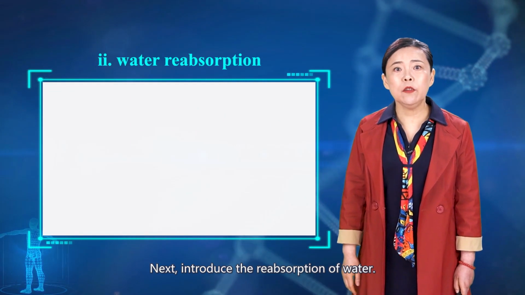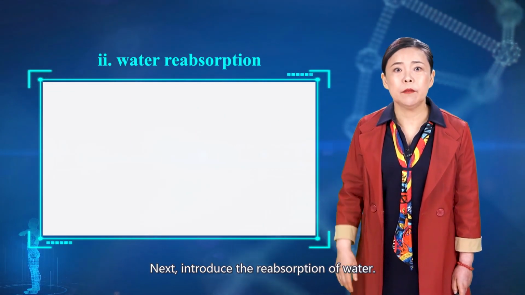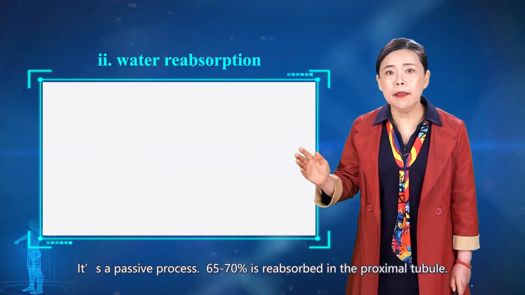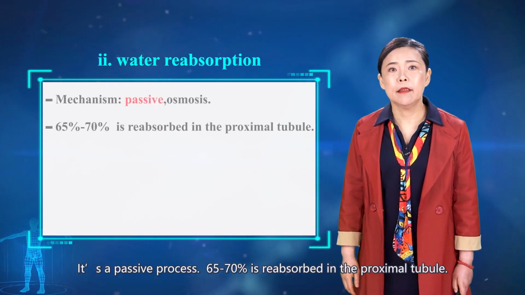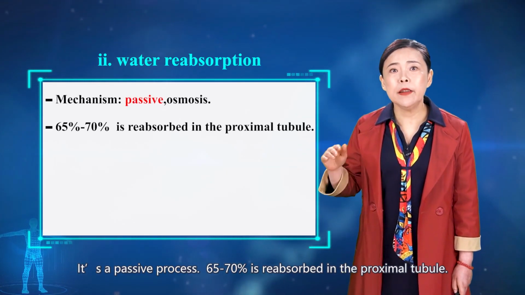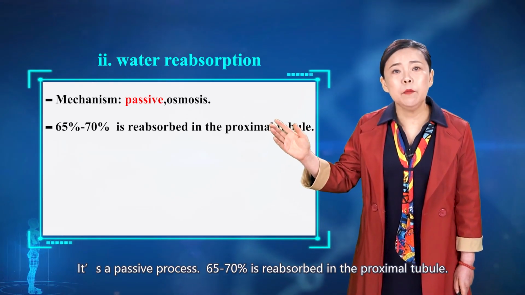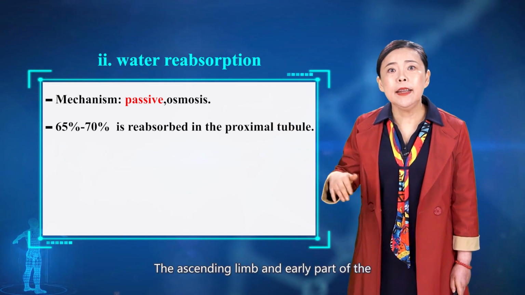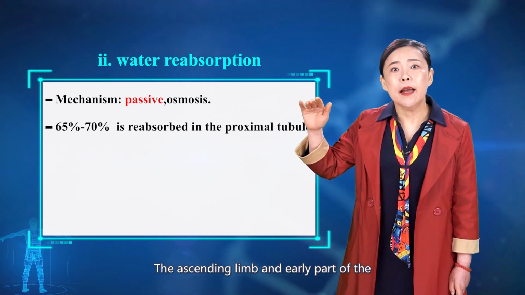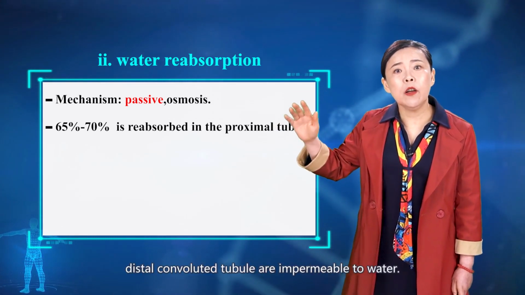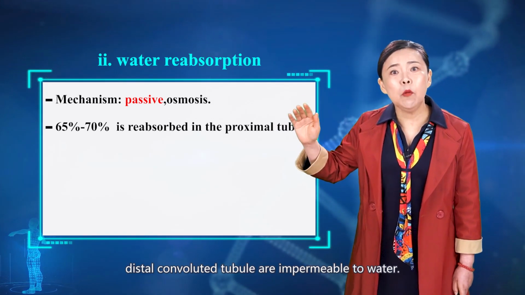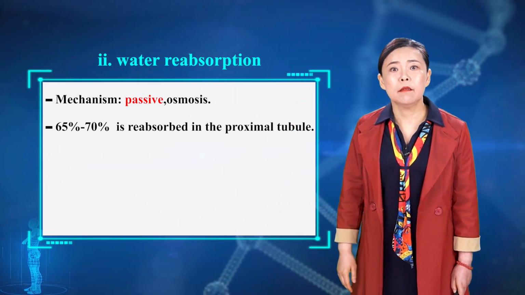Next, we introduce the reabsorption of water. It's a passive process. 65 to 70% is reabsorbed in the proximal tubule. The ascending limb and early part of the distal convoluted tubule are impermeable to water.